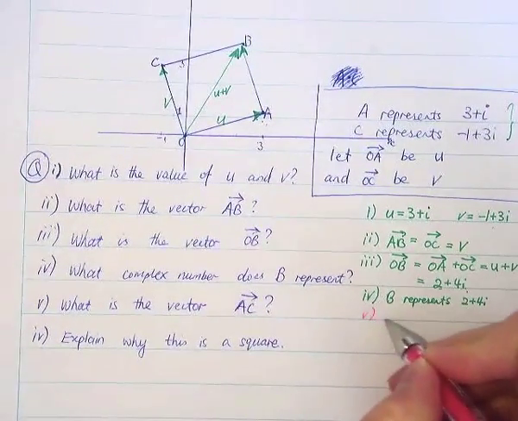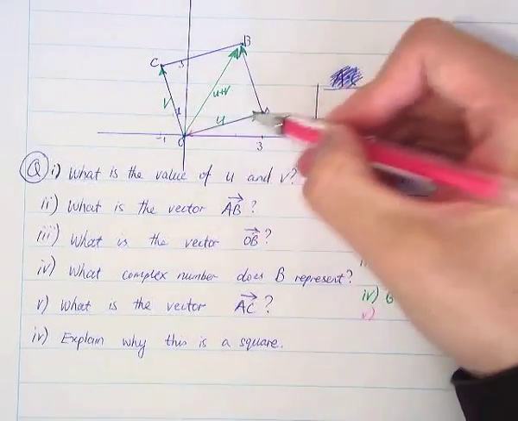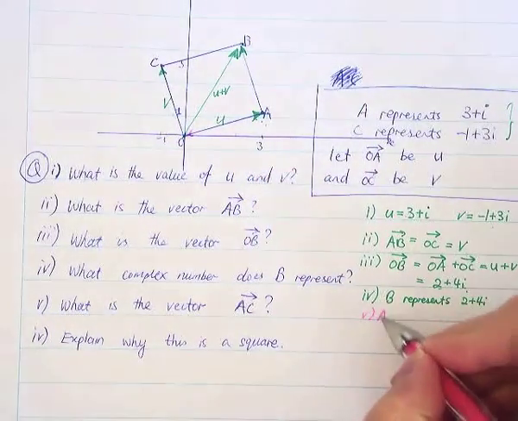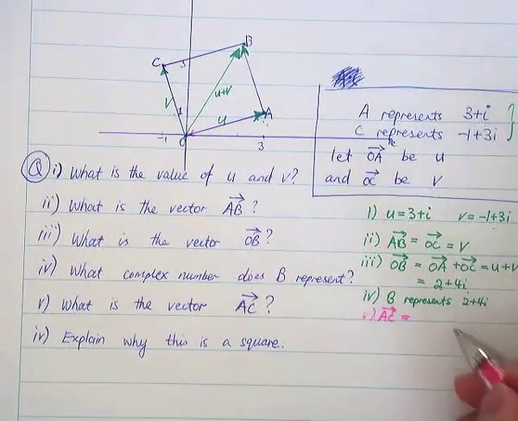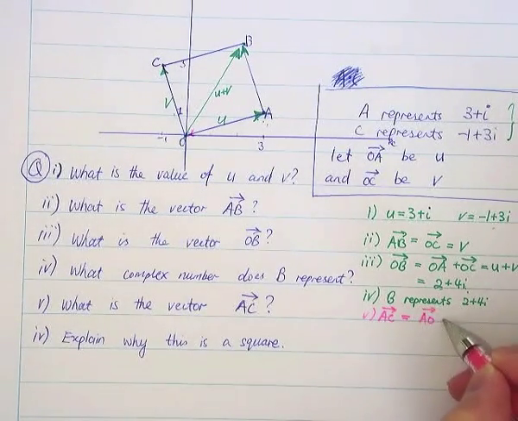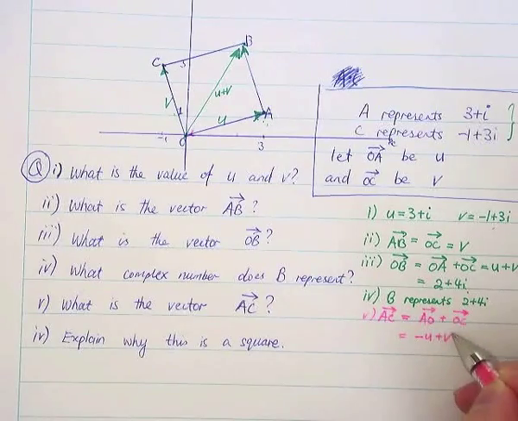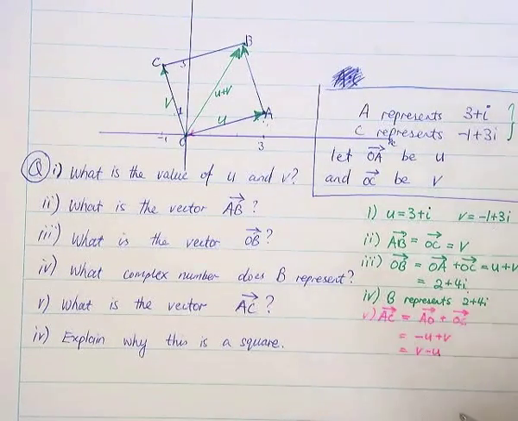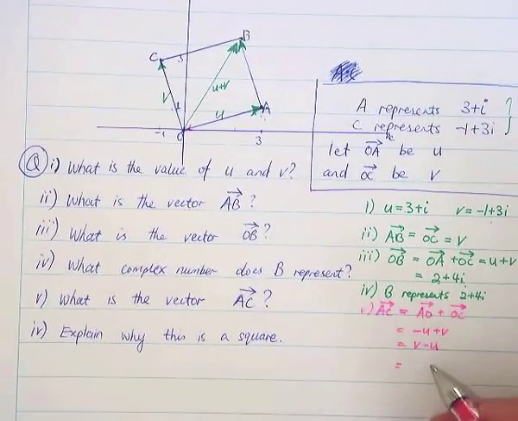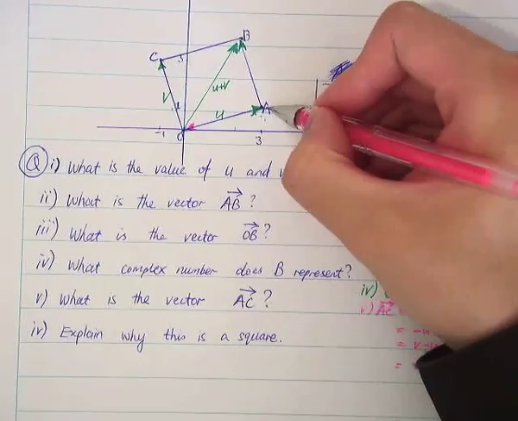In this case, if you just take the negative vector OA, so it's now AO, the vector AC, according to the head to tail addition method, is going to be the vector AO plus the vector OC, which is really just minus U plus V, or you could call it V minus U. Once you get that, you calculate what V minus U is, and that's going to be minus 4 plus 2i.